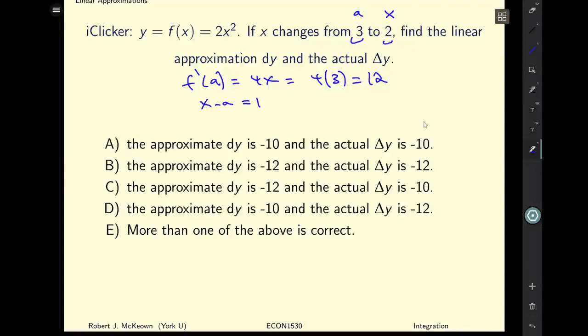So let's take a look here. Let me write out the actual formula. If we want dy, it is equal to f prime a times dx, and that's going to be equal to 12 times 1. So we just get 12.